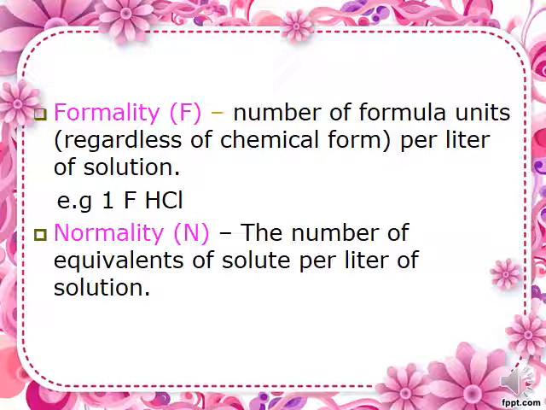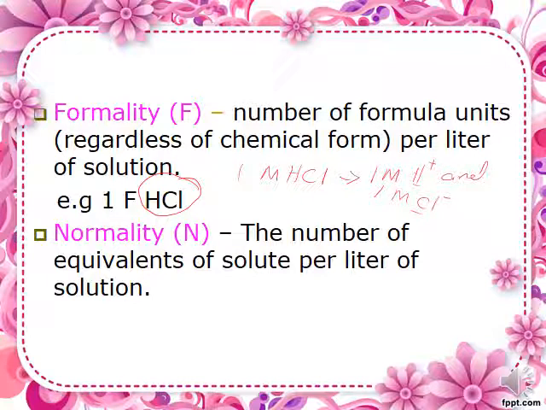Okay, so a 1 molarity hydrochloric acid solution actually means 1 molar of H plus and 1 molar of Cl minus. However, formality represents the total amount of HCl, not the individual H plus or Cl minus.